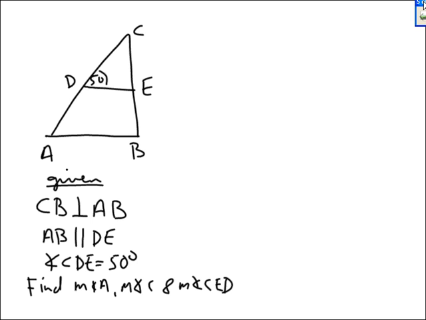Okay. Now, how can you do this? You know that CB is perpendicular to AB, so they meet at right angles.